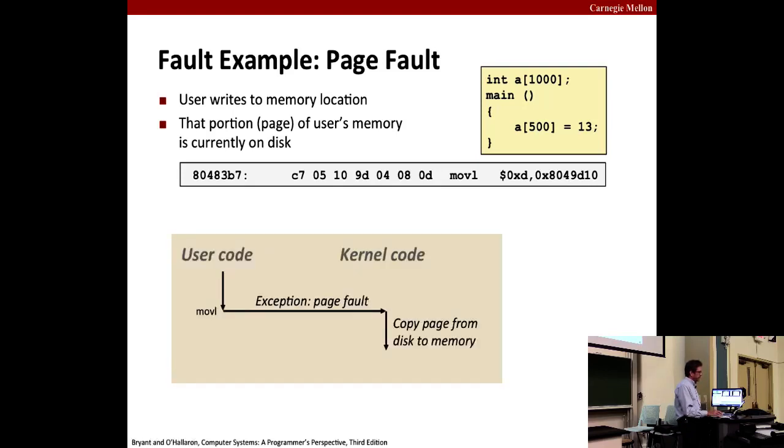That creates an exception, a transfer of control into the page fault handler in the kernel, which copies that page from disk to memory. And then it returns, and when it returns, it re-executes the movl instruction. So that's kind of cool. Now the memory is available, and when this movl instruction is re-executed, it completes. And then we continue.